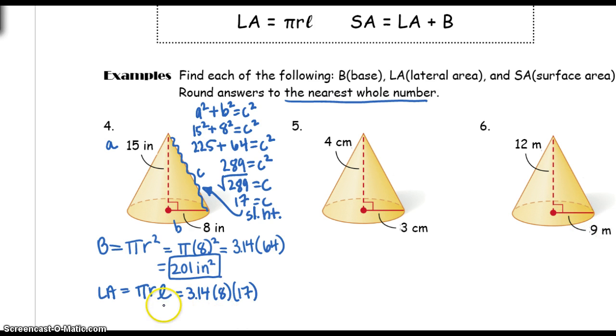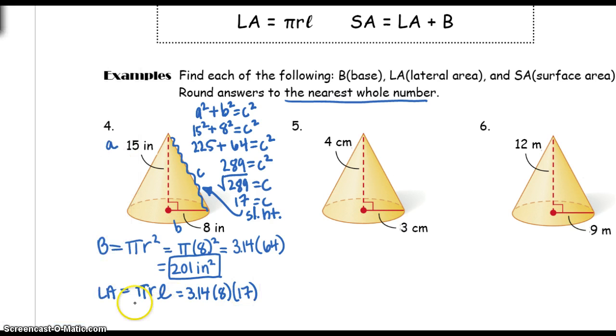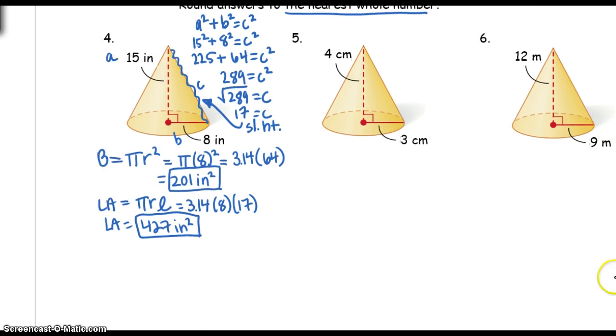So then once we multiply all that together into the calculator, 3.14 times 8 times 17, 427.04, and we want to round. So let's just say 427. So lateral area is 427 inches square. There we go. And last but not least, surface area is lateral area plus the base.